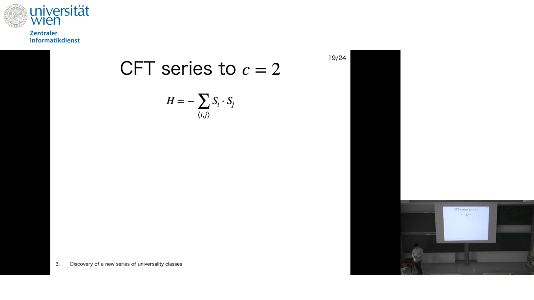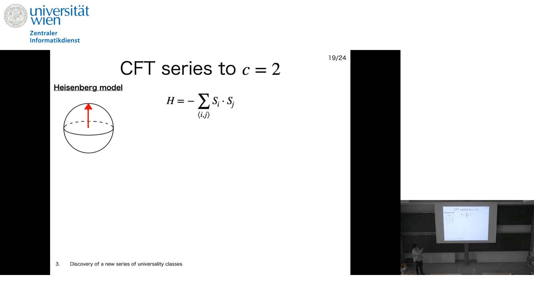So what you can do is think of a CFT series that converges to c=2. And you can describe this series by this Hamiltonian, classically, on a square lattice. When you think of this one, the first thing that you might think of is the Heisenberg model, of course. And the Heisenberg model has a phase transition at t=0, which is a spontaneous symmetry breaking.